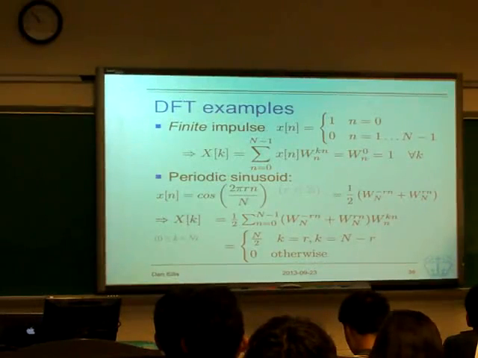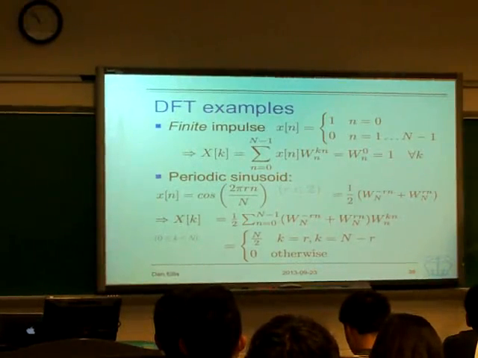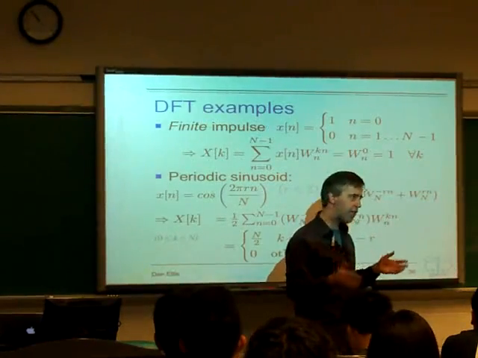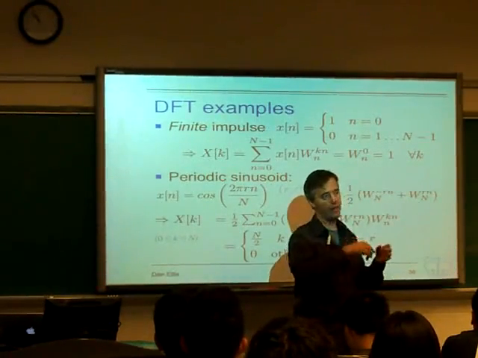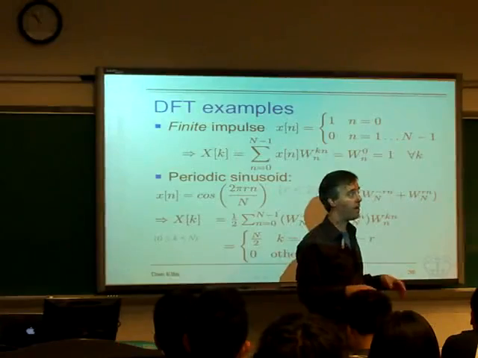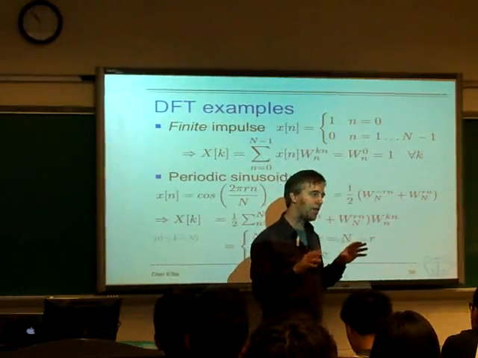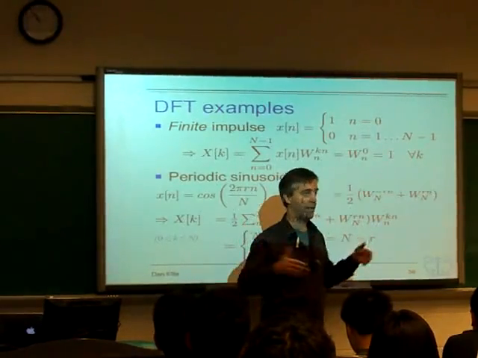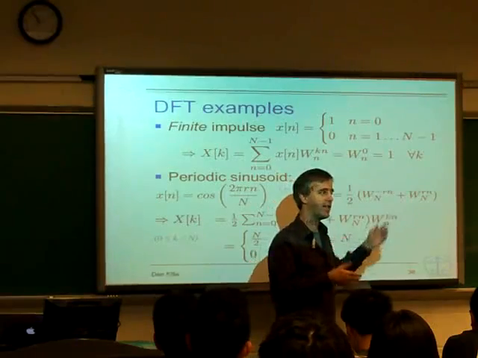If you did have a truly periodic sequence, which goes on forever and has infinite energy, its Fourier transform would be infinite. How much energy does it have at its fundamental? If you sum up the energy over all time, it has an infinite amount. But we can still talk about it, because we can imagine averaging it by how long we looked at it. That converges to this thing.